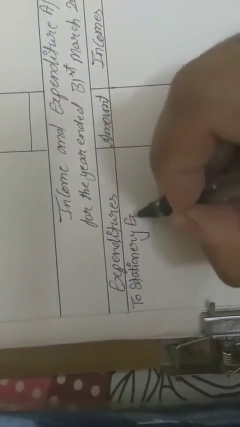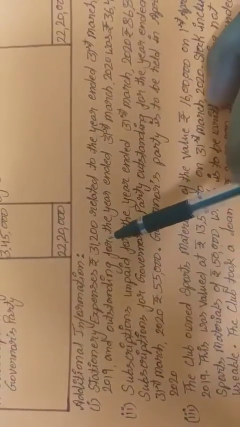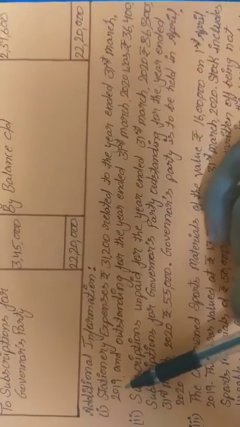So stationery expenses, the amount is 3,06,800. And there is an outstanding stationery amount of 31,200 on 31st March 2019.